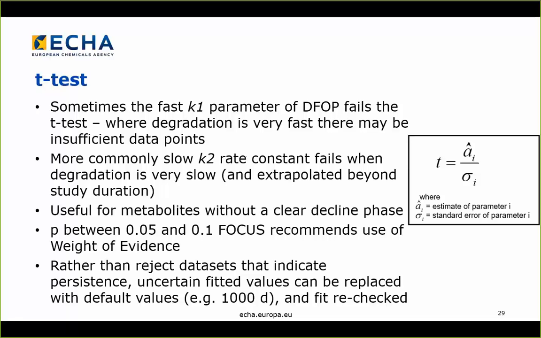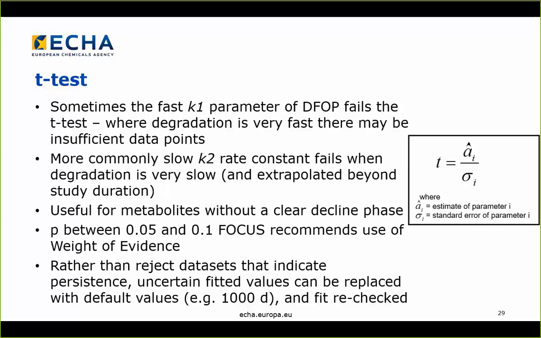Sometimes with the t-test, the fast K1 parameter of the DFOP model can fail. And you sometimes see that for really quickly degrading substances. You know, we have some biocides, some disinfectants that actually degrade incredibly quickly.